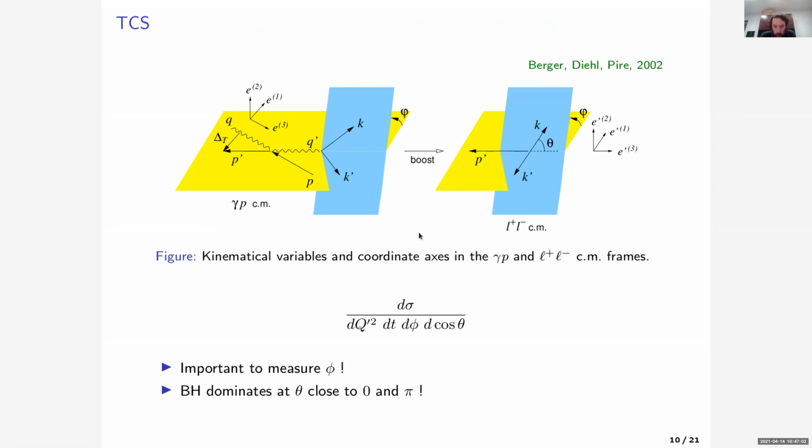Bethe-Heitler dominates completely when theta is close to 0 or pi. So if we want to measure TCS, we had better stay away from theta equals 0 or pi. And phi is important because it tells us about the leptonic plane. For example, switching phi to pi minus phi exchanges k and k prime. Switching phi to pi minus phi and theta to pi minus theta.